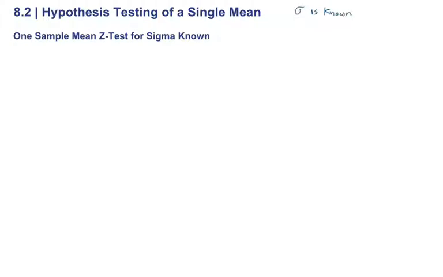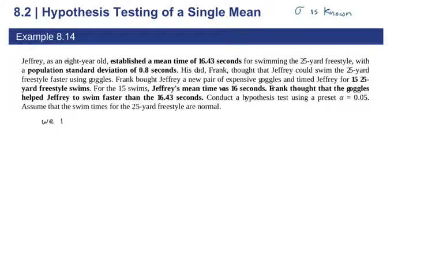So here's example 8.14, and you can pause it and take a second to read through it. But the key thing is that we know 16 is less than 16.43, but is it significant?